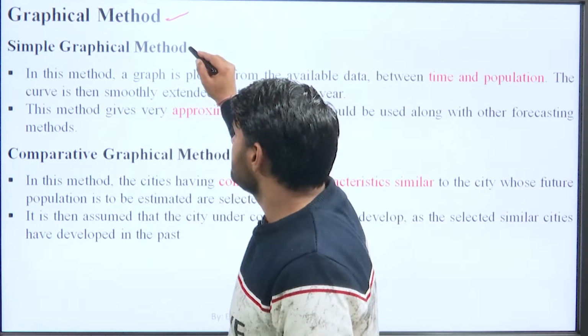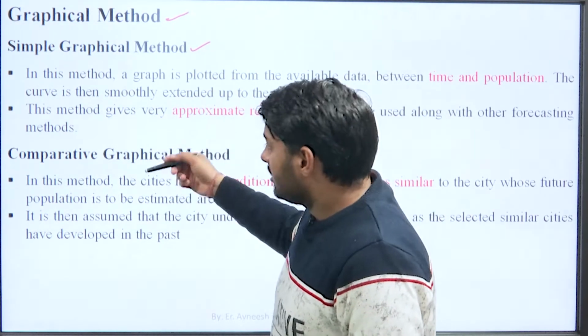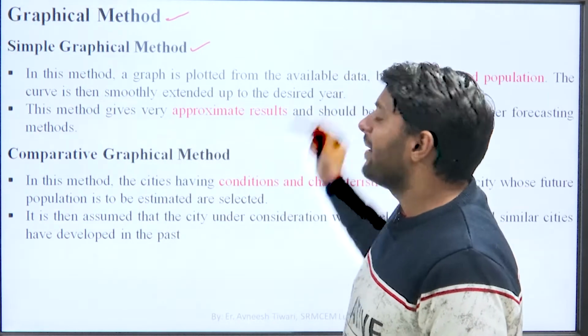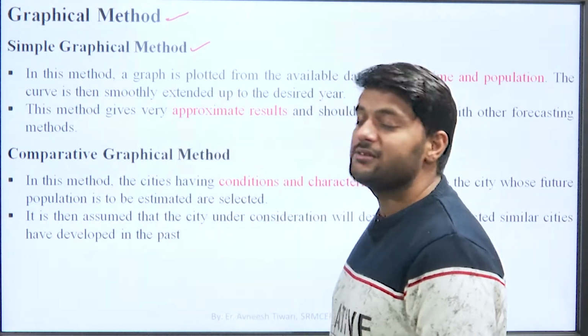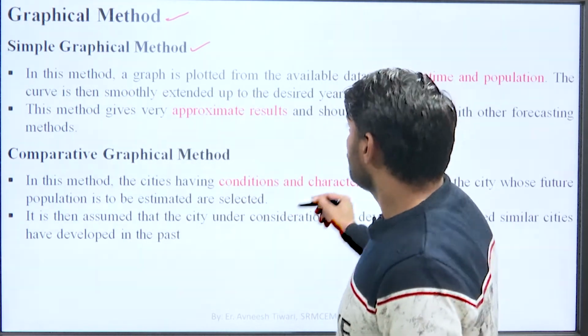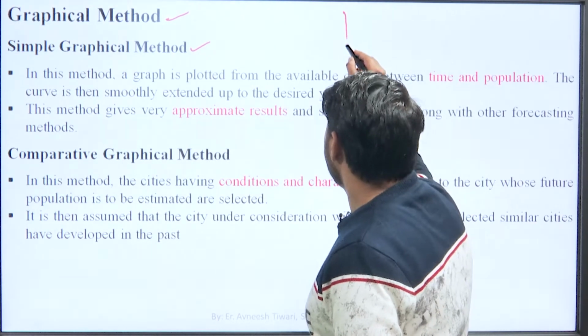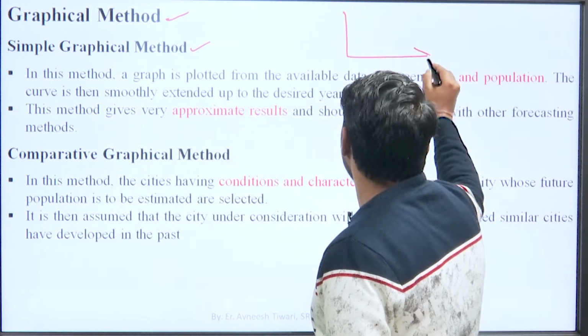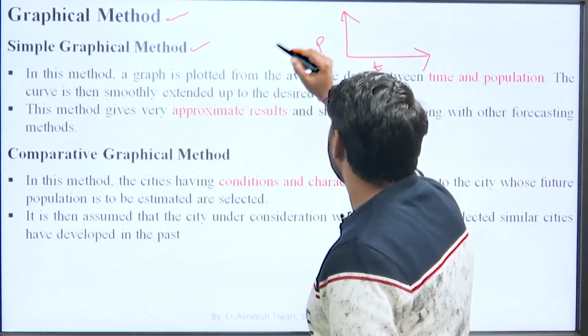What is the simple graphical method? These methods are again dependent on data available from the census board. In the simple graphical method, we will plot a graph between time and population.